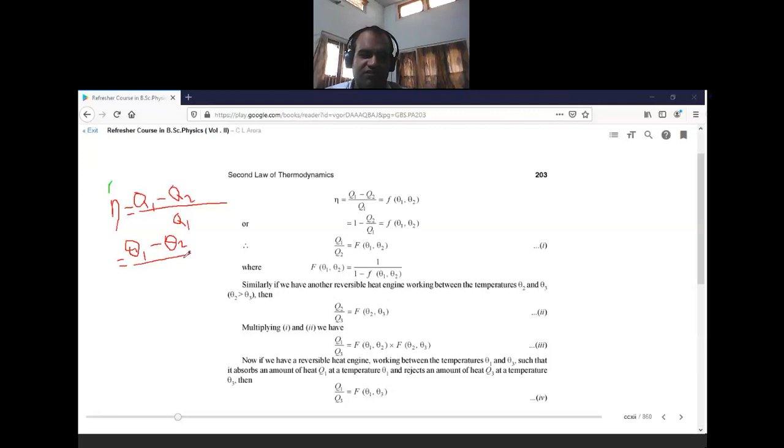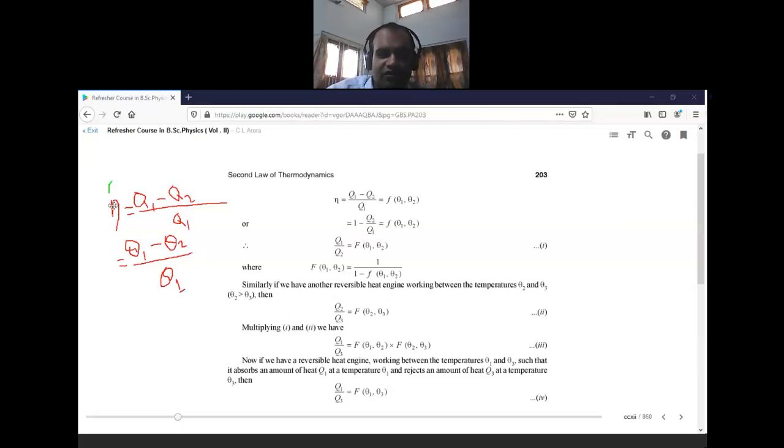So efficiency equals theta 1 minus theta 2 divided by theta 1. I earlier wrote this as theta 2, but it is actually theta 1. So this is how we can write the efficiency of a Carnot cycle or Carnot engine.